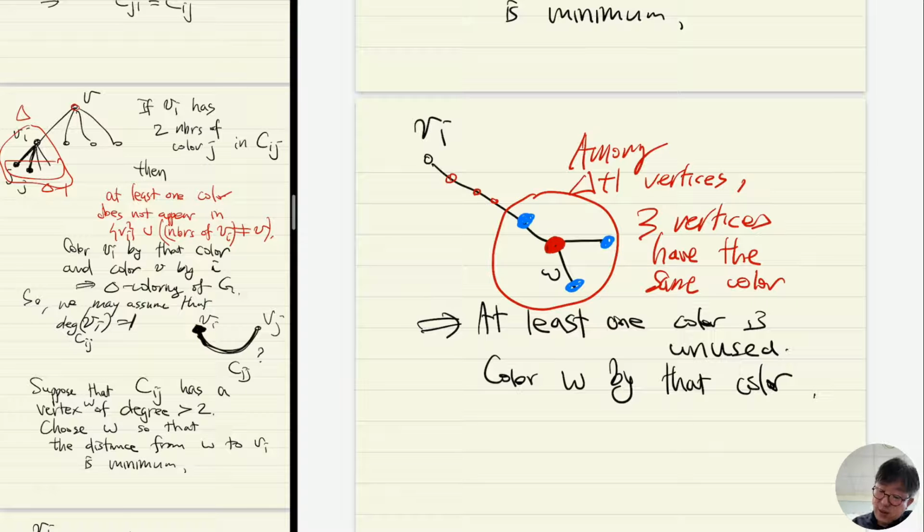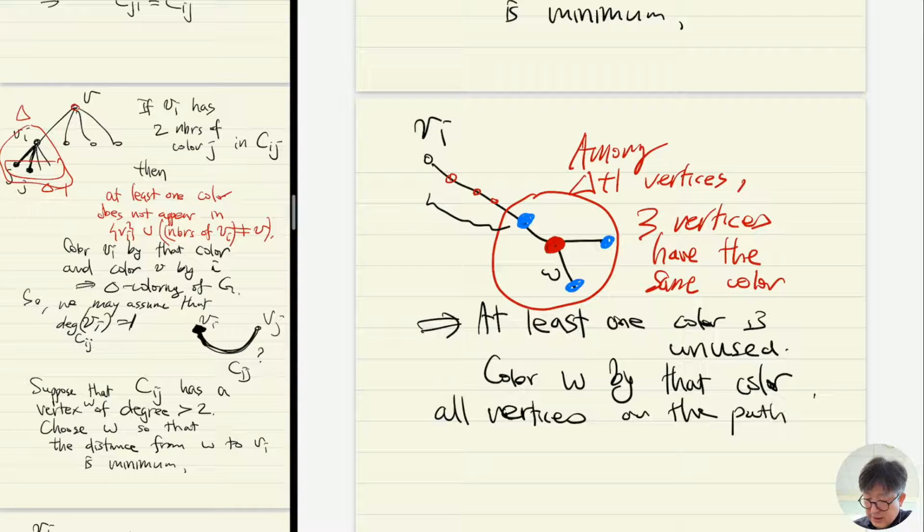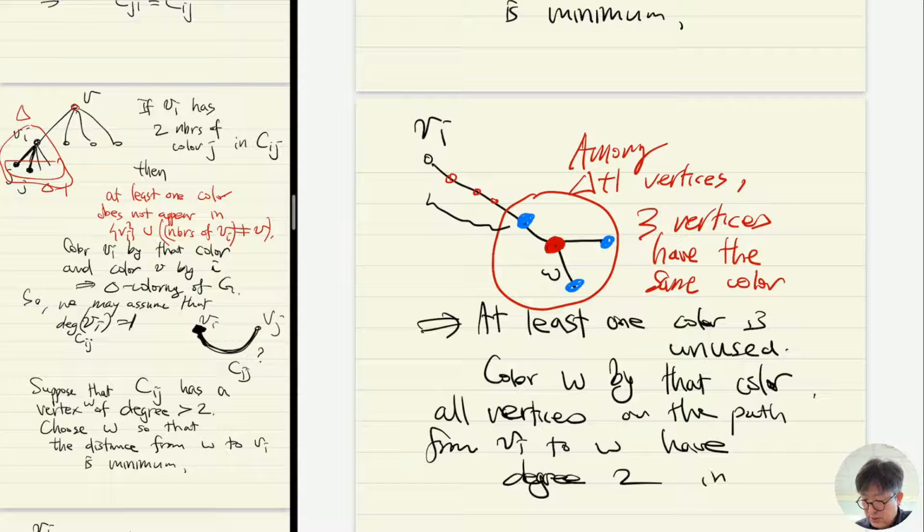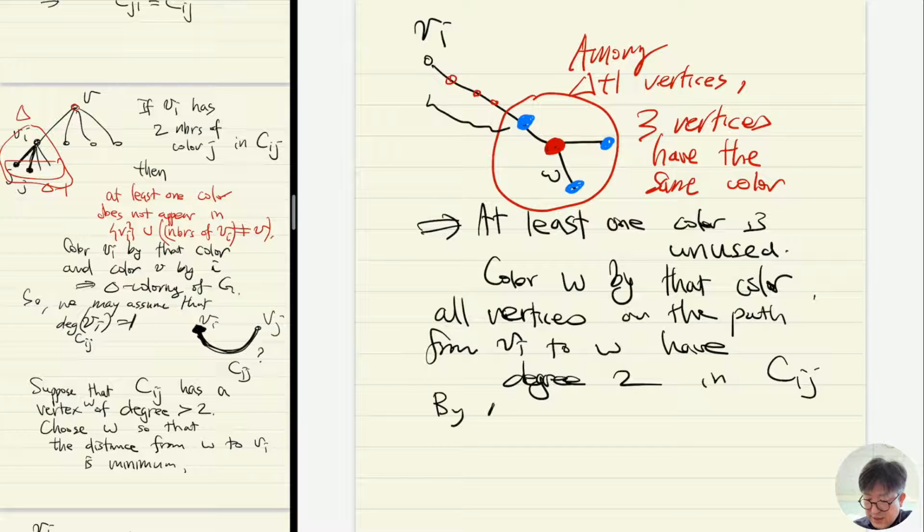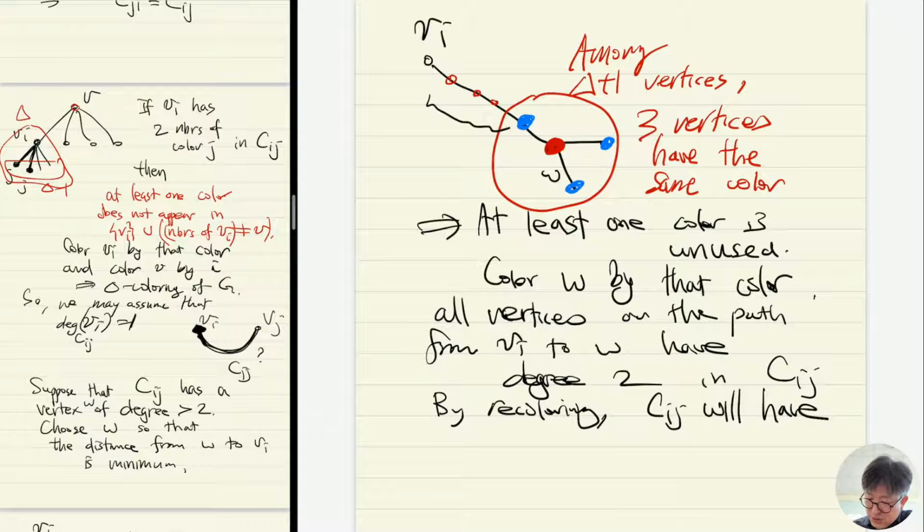Now what happened is that we knew all the vertices on the path from Vi to W have degree 2 in Cij. So by recoloring, Cij will have no path from Vi to Vj in the new coloring.